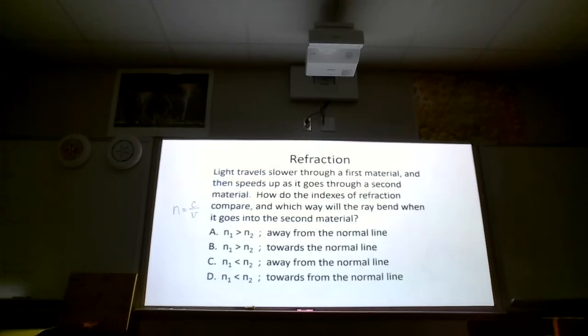As we go from a higher index of refraction to a lower index of refraction, does it bend toward or away from the normal line? It bends away from the normal line. Correct answer is A. Good with that?